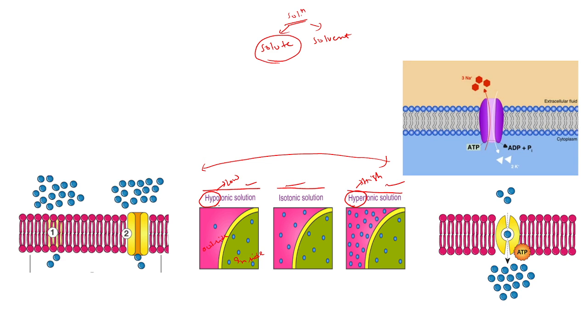That means in the hypotonic solution, at the outer side low solute concentration is present. That means inside, higher solute concentration is present, and at the outer side lower solute concentration is present.